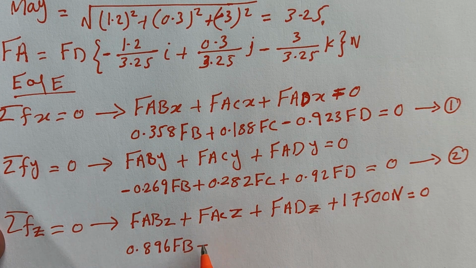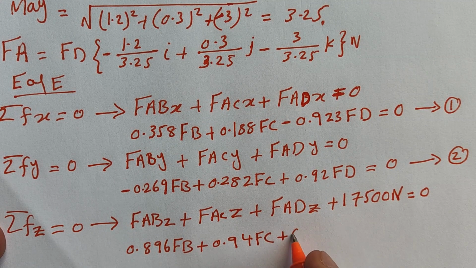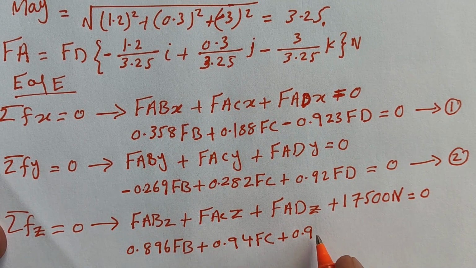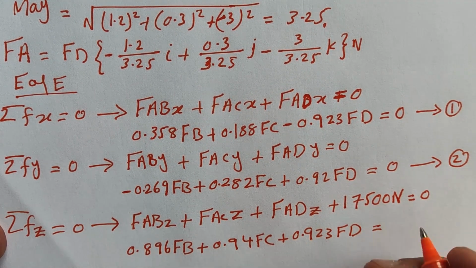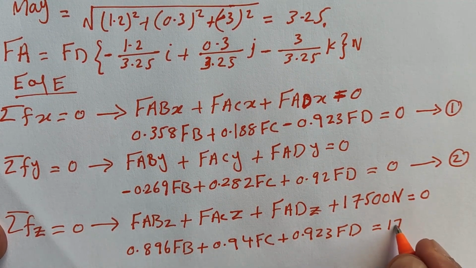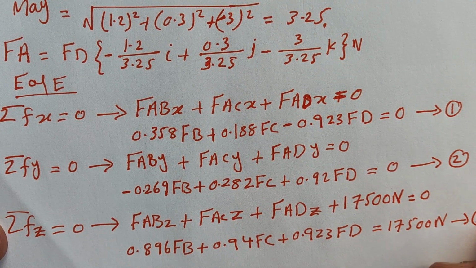Again, this one is negative, but when you take it to the other side it will be 0.94 FC. Again, this one is negative, but taking it to the other side it's going to be 0.923 FD. All of this should equal, again taking this to the other side, 17,500 Newton. This is our third equation.